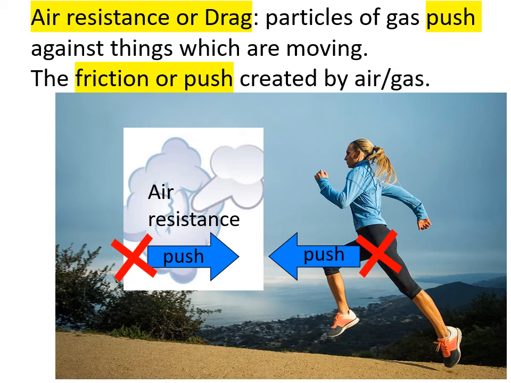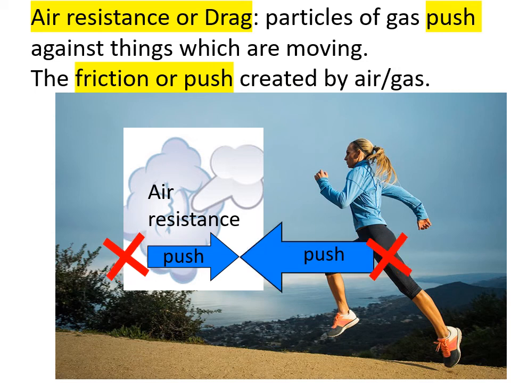Does this diagram show balanced or unbalanced forces? Is the air resistance pushing the woman to the back, or is the woman able to push through the air resistance?